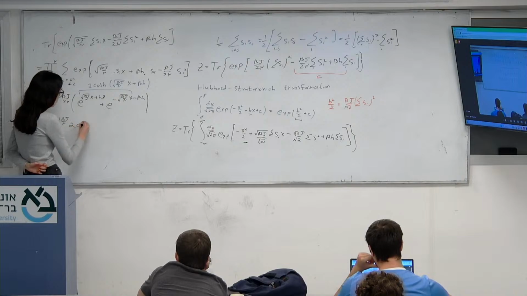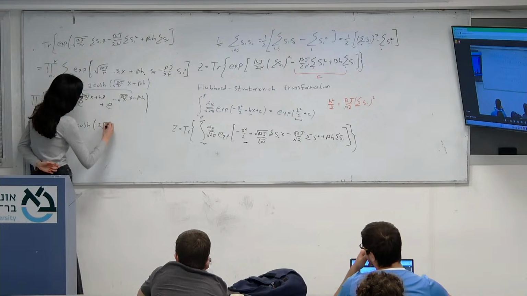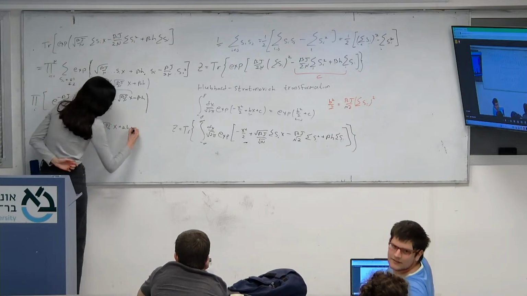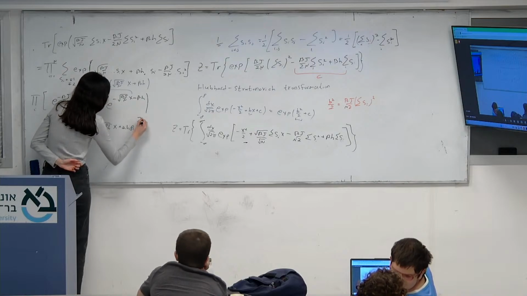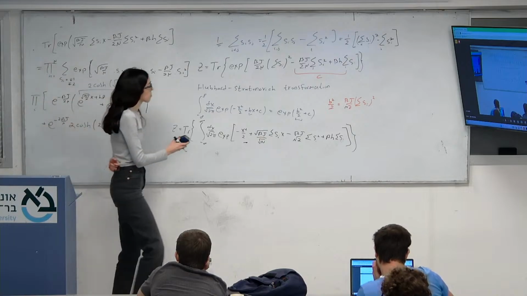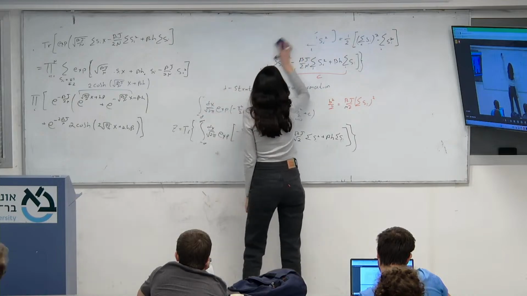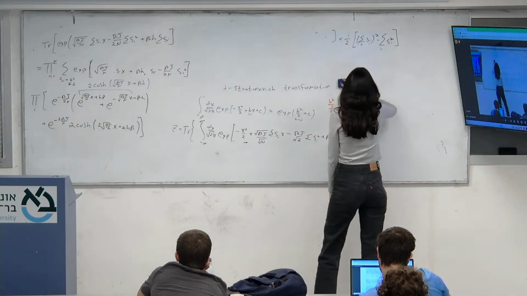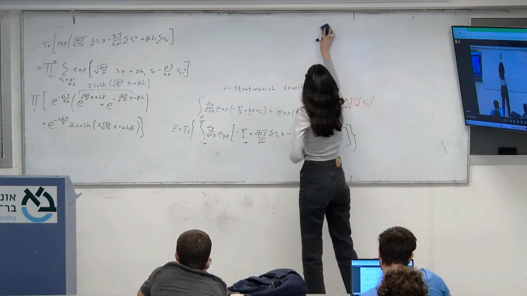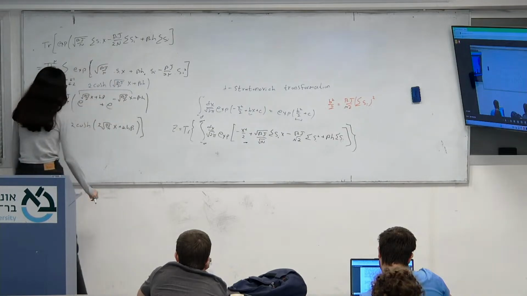So I'm going to get 2 cosh of 2 square root of beta j n x plus 2 beta h.